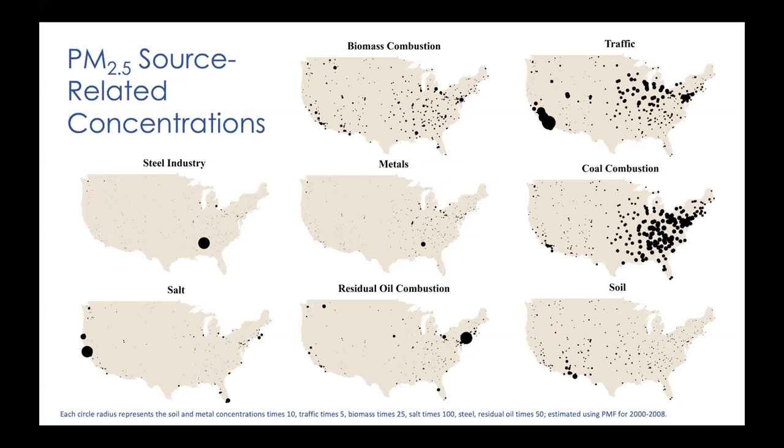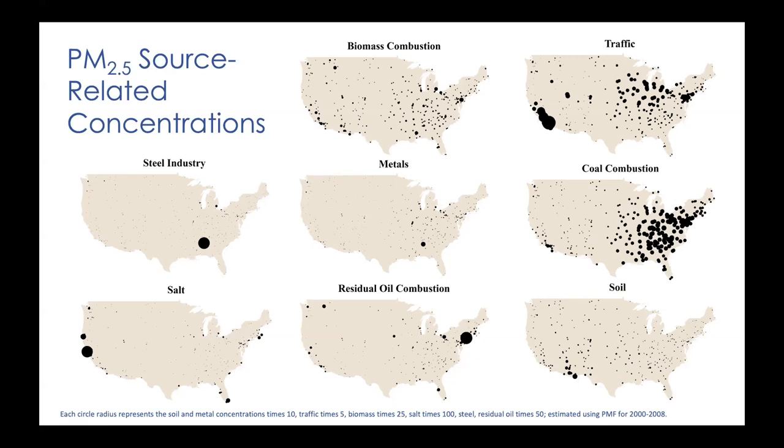We see here 8 maps of the PM concentrations associated with 8 different sources: biomass combustion on the top left, traffic, steel industry, metals, coal combustion, salt, residual oil combustion, and soil. Some sources, such as traffic and biomass combustion, both shown on the upper right, are present throughout the United States, while other sources, such as residual oil and sea salt, tend to be more regional in nature.